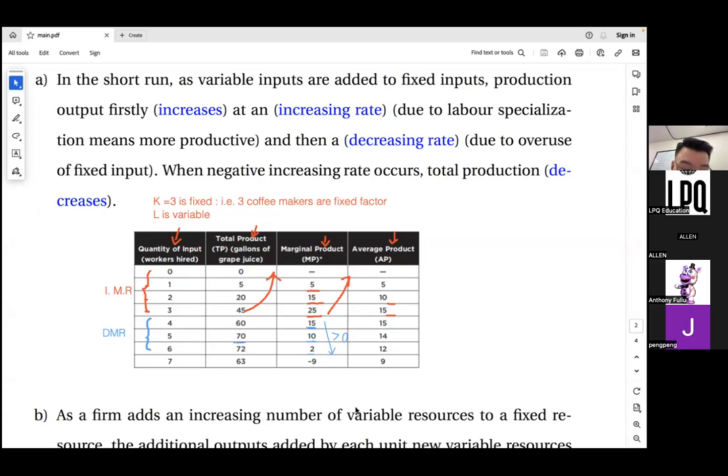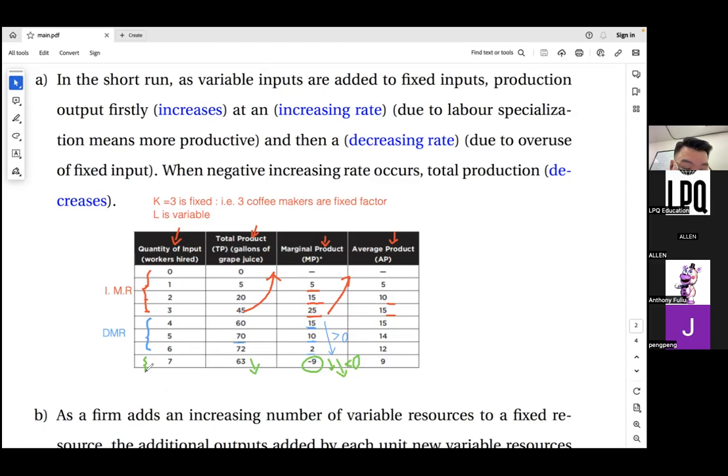Then the last part. Finally, when you hire one more unit of labor, that is the 7th unit of labor, you see the 7th unit of labor cannot bring out more products. After you hire the 7th unit of labor, the total production began to decrease, and the marginal production finally becomes a negative number.